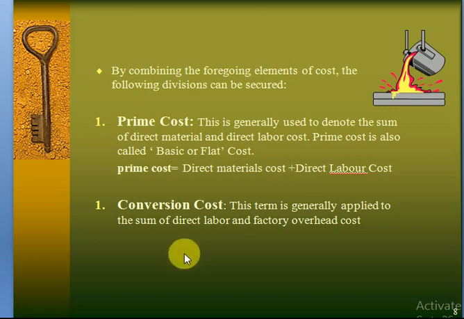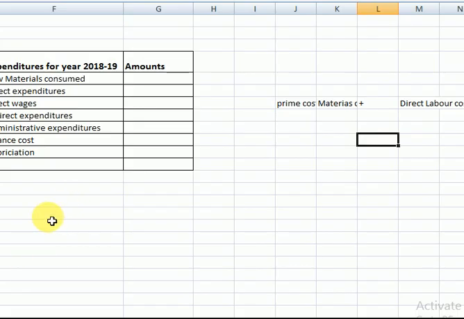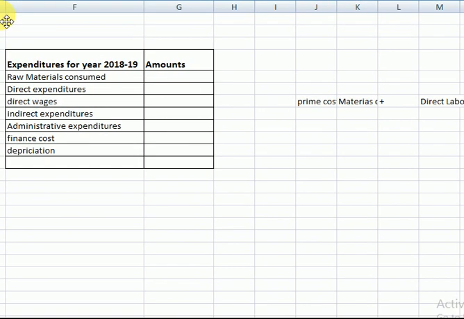I will explain this with a practical example. Let's suppose we have the expenditures that took place in the year 2018 and 19. I put some values here.